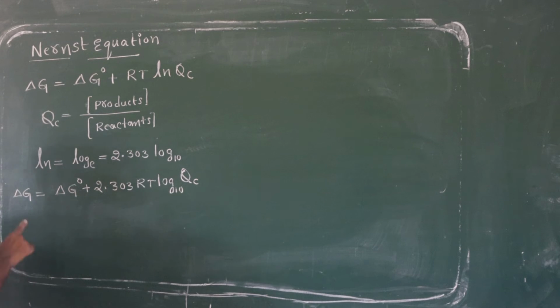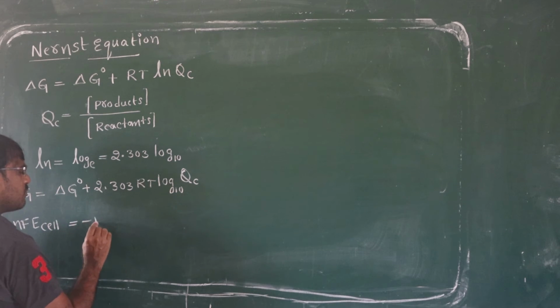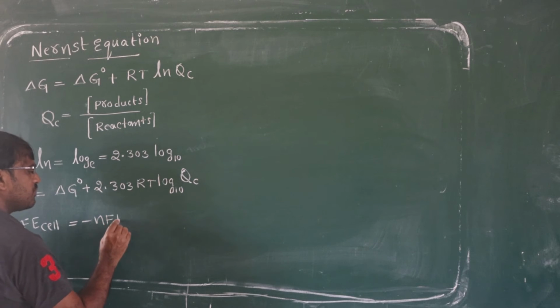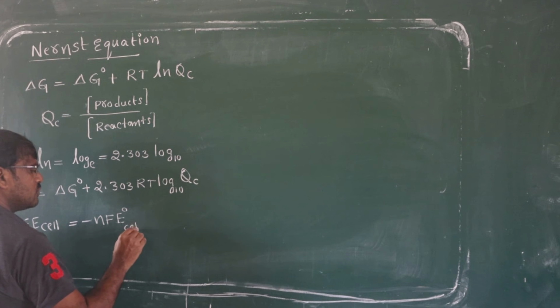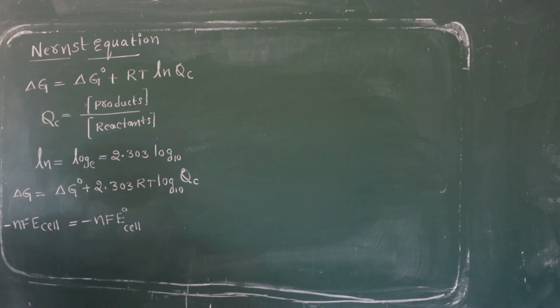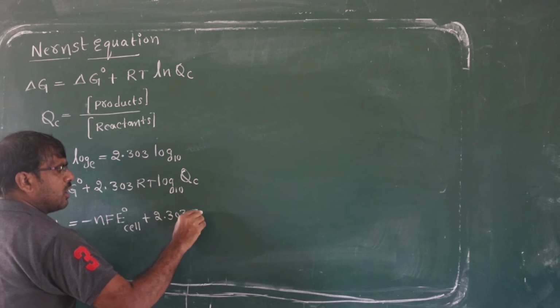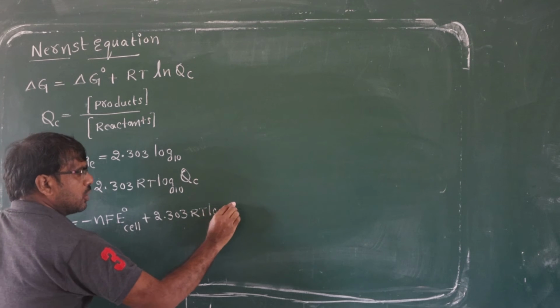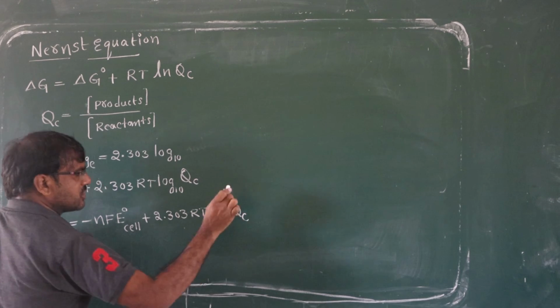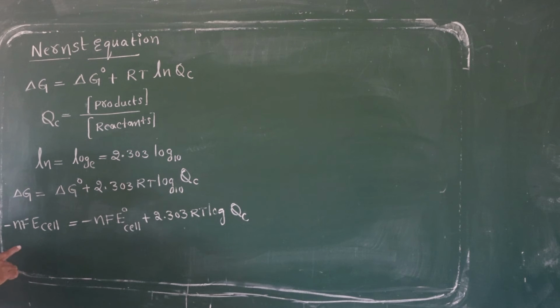But we know delta G is equal to minus nF E cell, and delta G naught is equal to minus nF E naught cell. So we have minus nF E cell equal to minus nF E naught cell plus 2.303 RT log base 10 Qc, the reaction quotient.